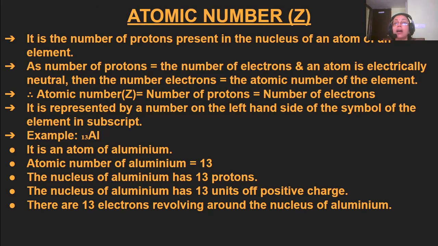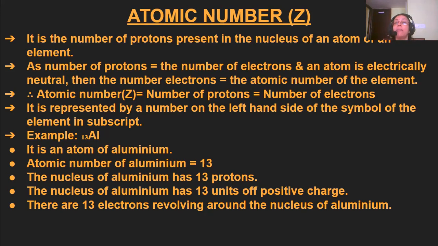As the number of protons is equal to the number of electrons and an atom is electrically neutral, the number of electrons is also equal to the atomic number of an element. So atomic number Z is equal to the number of protons or the number of electrons.